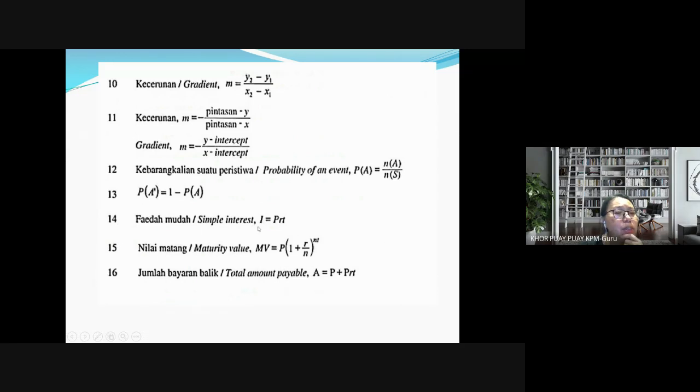Simple interest. Please remember, for simple interest in chapter 3, it can be used for a saving account, where the bank will give you interest for keeping money in the saving account. Or the bank will charge you simple interest for using a credit card, for example.